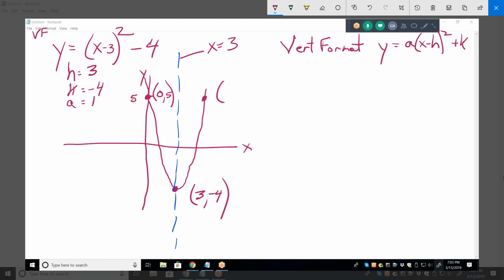So what's the x-coordinate of this point over here? That would be 6. What's the y-coordinate of it? 5. Exactly. The y-coordinate doesn't change. And there you have your 3 points, and you've graphed the parabola.